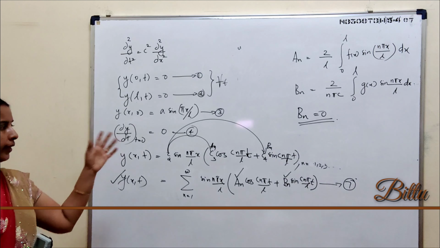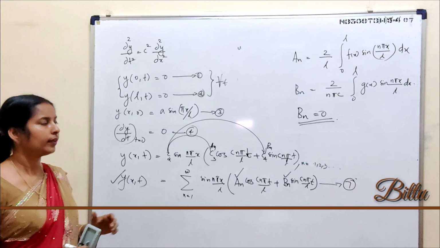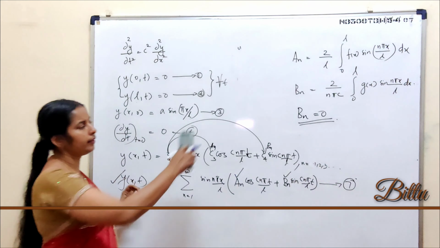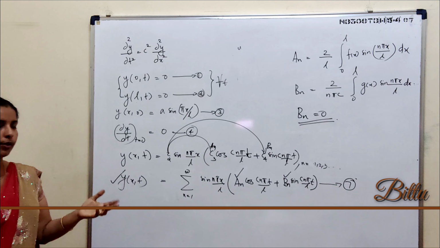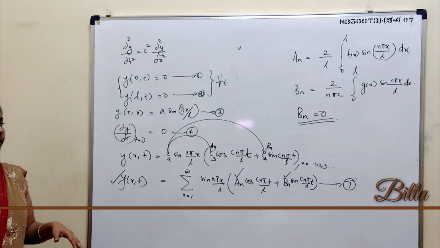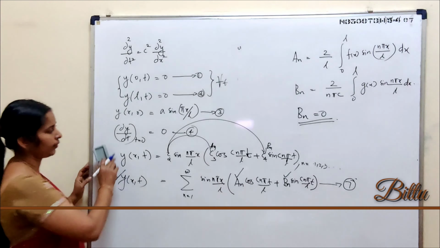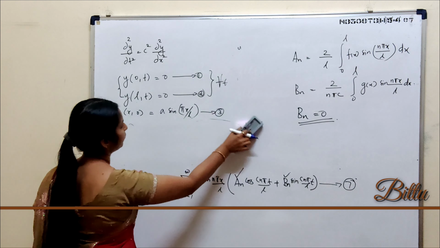Here it is a trigonometric function, sine. If it is a polynomial, you find An by using this equation. If it is not a polynomial and it is in terms of sine or cos, you find An in this way. The method of finding An here is as follows.